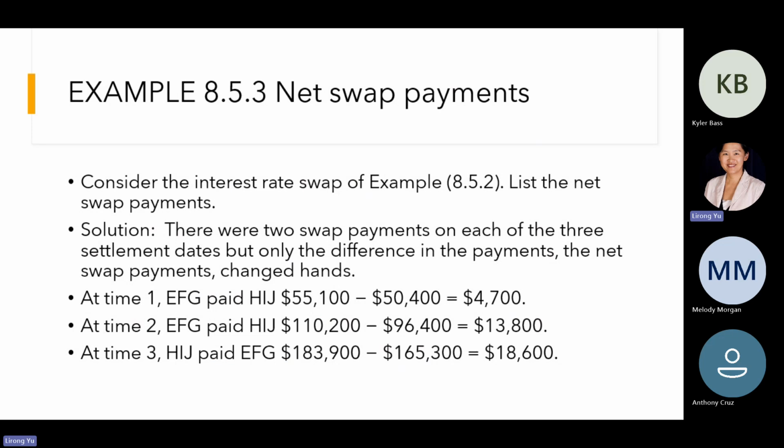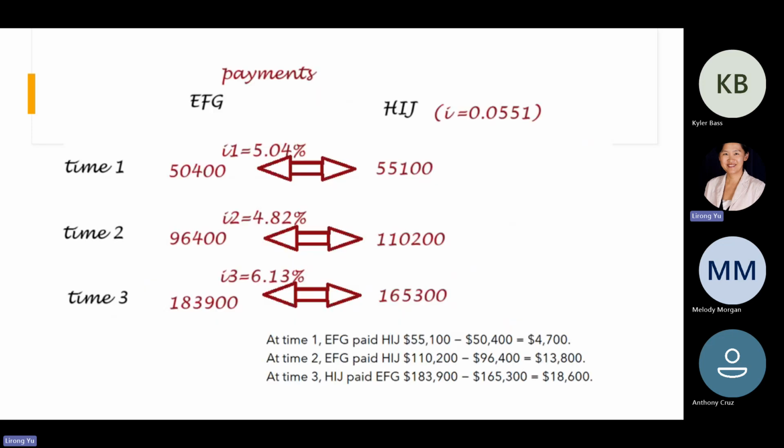So overall, you can see it's hard to tell which one is actually paying more. Technically, the present value of all the cash flow should be 0. So nobody is paying anybody more. They have equal present value. Okay, so this is a calculation of the net cash flow. We're looking at who is higher than who. So you can see who has the higher payment among the two parties, and that's when I have to pay the net cash flow.